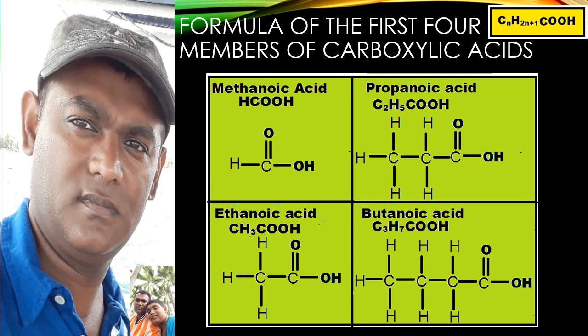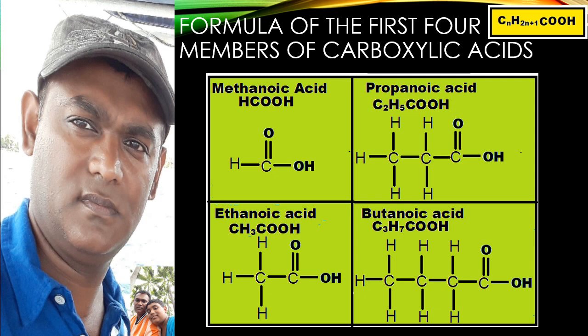Since the formula itself has a COOH carbon, the value of n turns out to be 0. Therefore, the formula of methanoic acid is HCOOH, where COOH is the functional group.